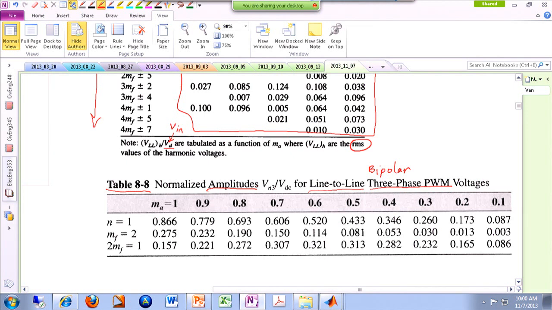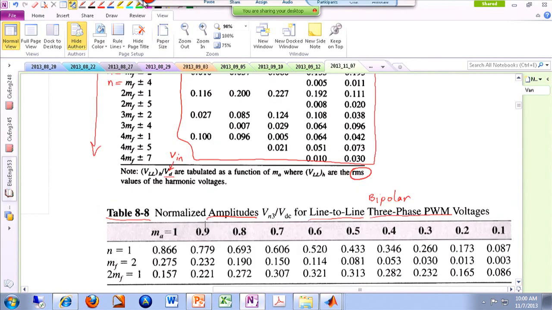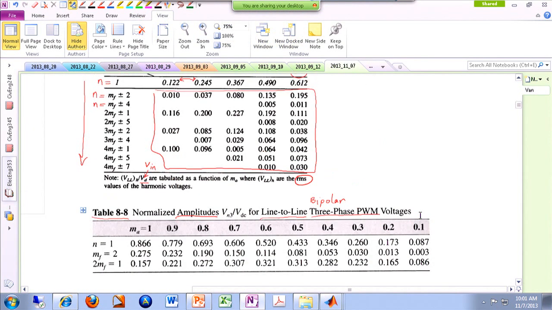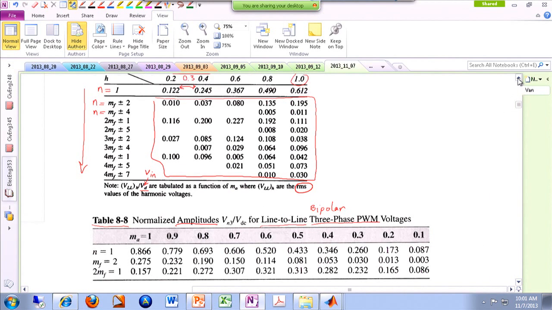However, the difference is you don't see any numbers identical because, for instance, let me make this a little smaller. Technically, if you divide 0.866 by the square root of 2, you should basically get this number.